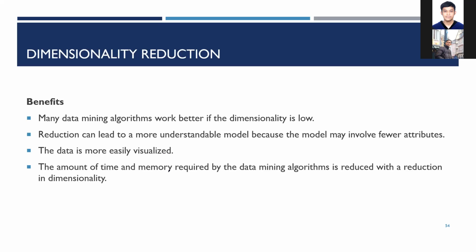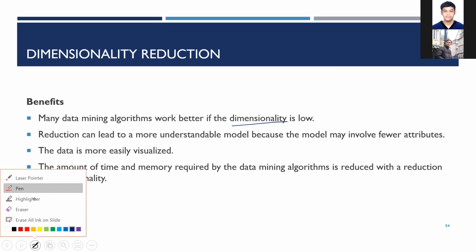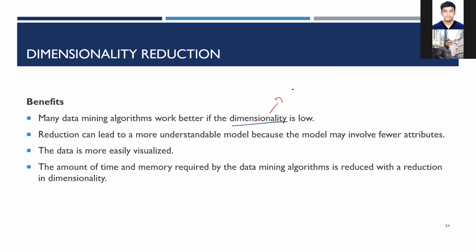Also, some data mining algorithms work better if the dimensionality is low. Dimension here refers to the number of attributes, not the number of data. Dimension is the number of attributes.